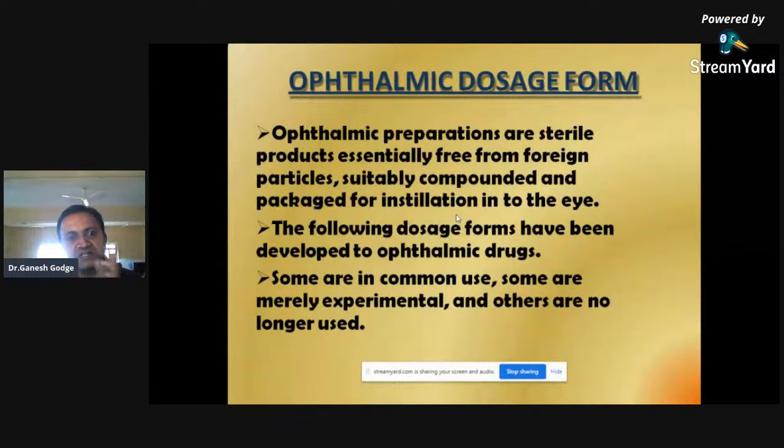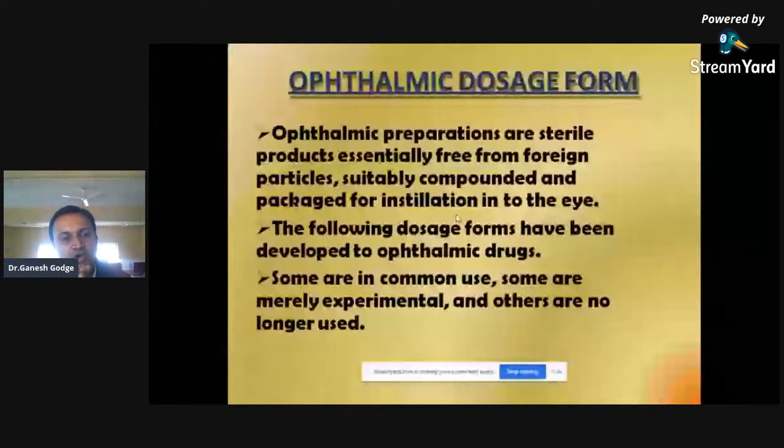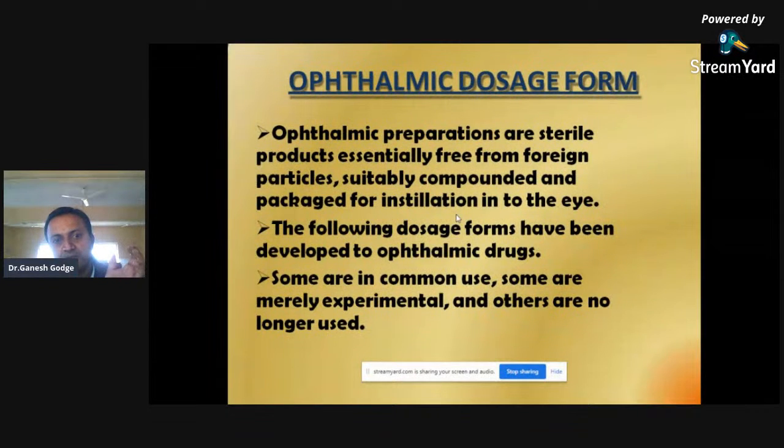In those cases, you should be able to write a couple of differentiating points between conventional ocular preparations and new ocular preparations, that is NODS. NODS stands for new ophthalmic drug delivery systems. Ophthalmic preparations are sterile products.